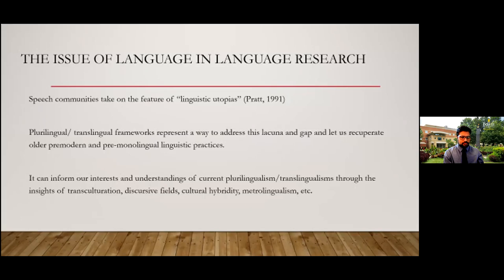When we go into plurilingualism, multilingualism and translingualism frameworks, it looks at older models to recuperate the linguistic and language practices of communities that, prior to modernity and print modernity specifically, were speaking and using language in a way that we would tag as plurilingual or multilingual or translingual.